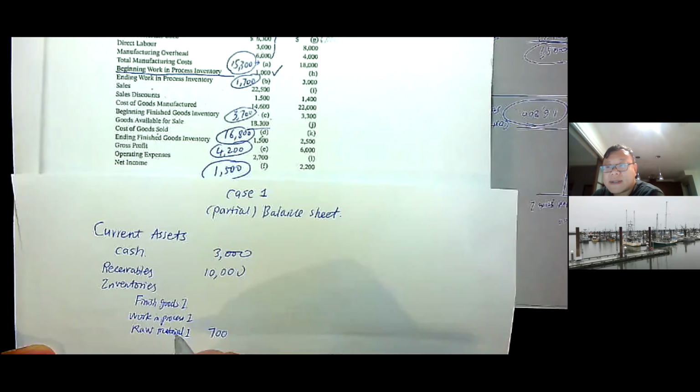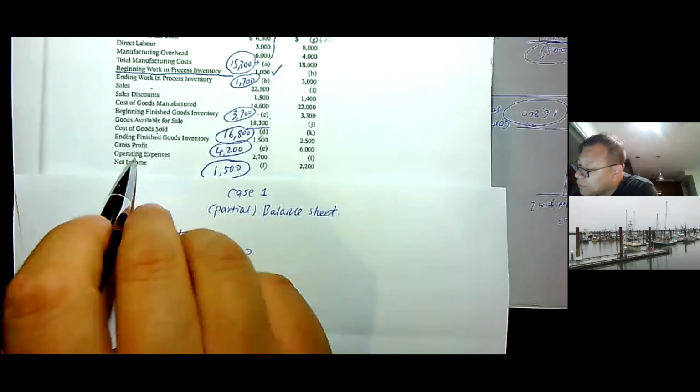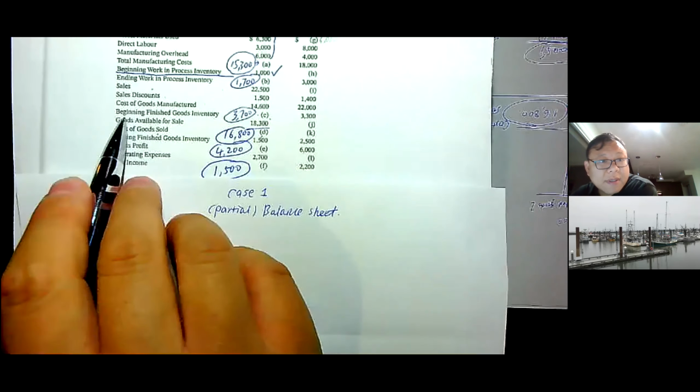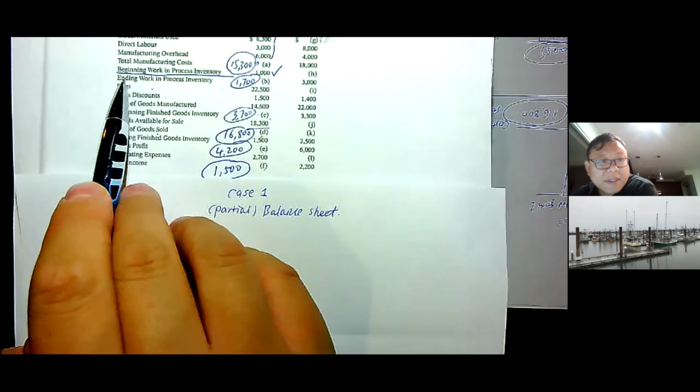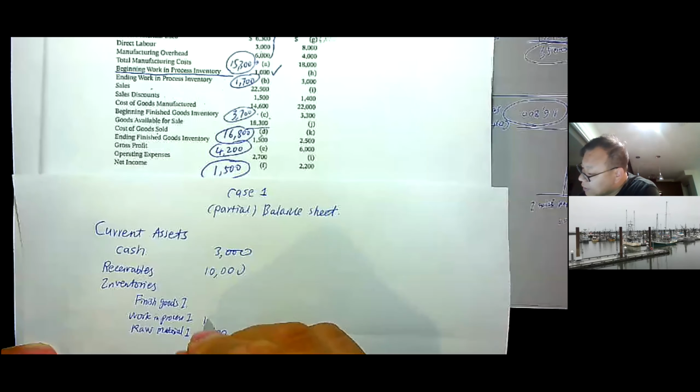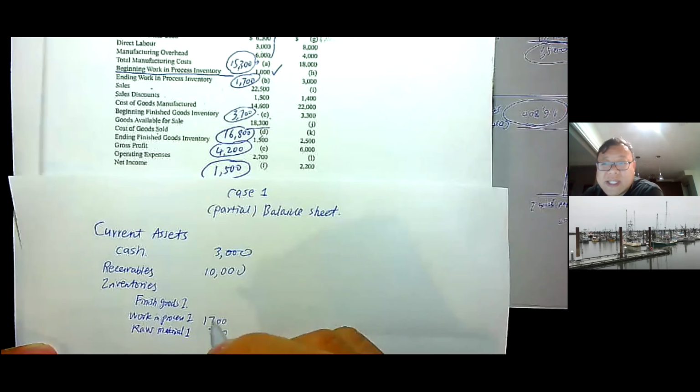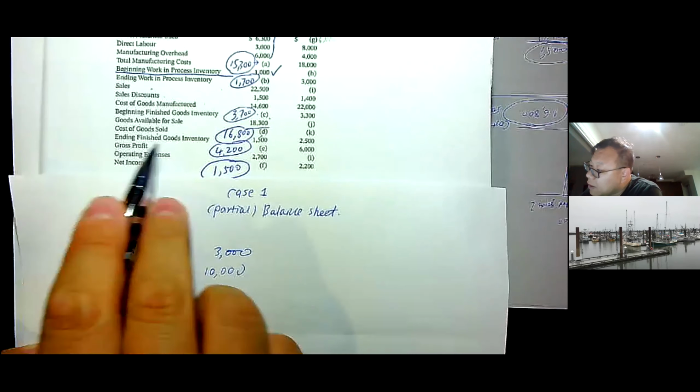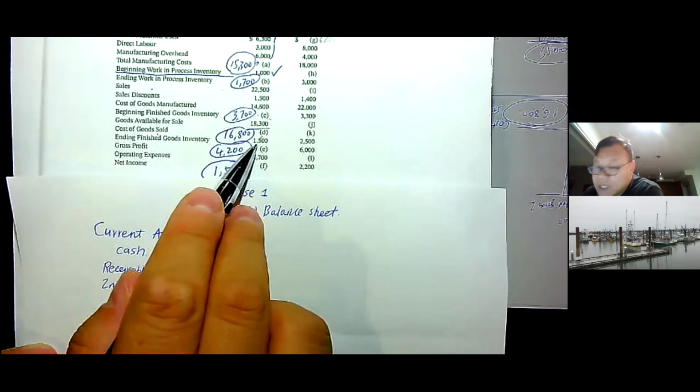Work in progress inventory, what is that? That will be the ending balance. What's the ending balance of the work in progress inventory? 1,700. And what's the ending balance for the finished goods inventory? 1,500.